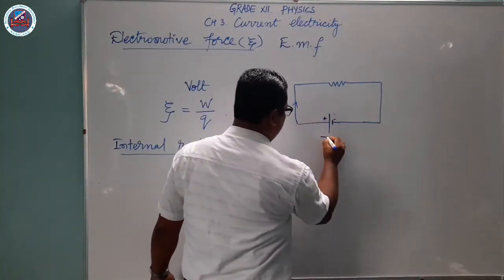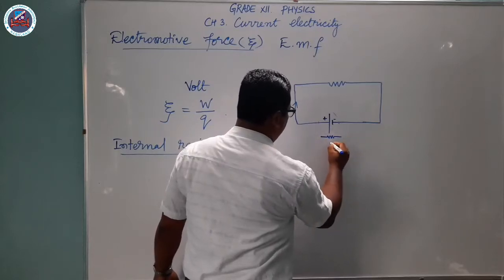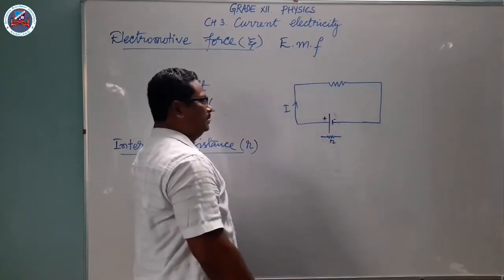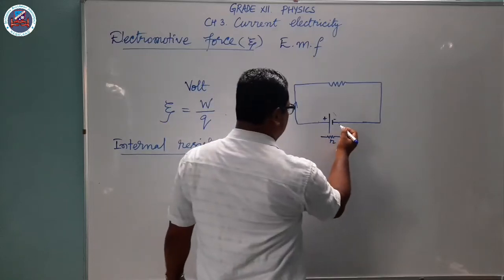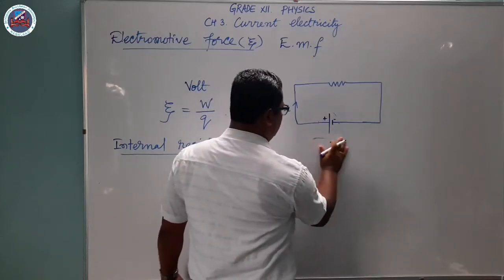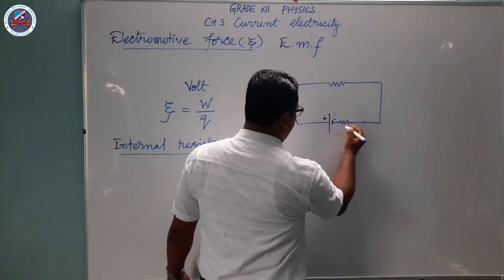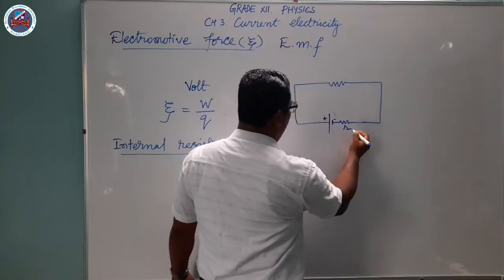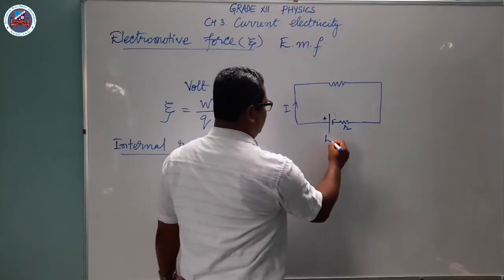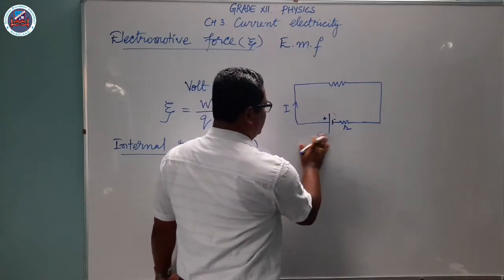Sometimes we denote it with this symbol and we write it as small letter r. Or sometimes in some circuits, if you don't want to write here, you can represent it on one side like this. It will indicate r. And the EMF of the cell we write as epsilon.